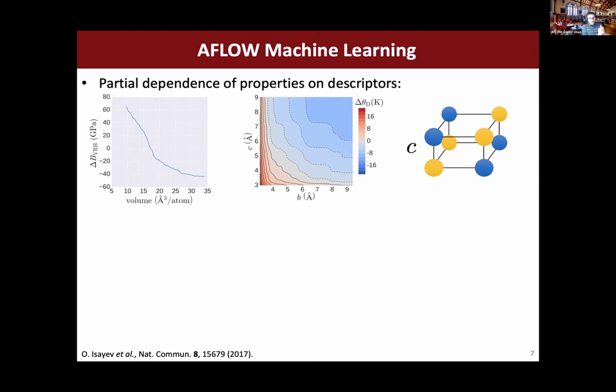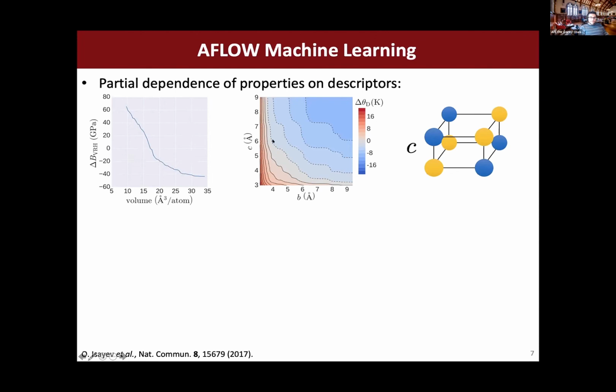Because you can expect that for materials, if the crystal volume is a lot smaller, that suggests that the bonds are stronger, and that's going to increase the bulk modulus. And so you can see that, without having put that information explicitly into the model, we get that trend from the model. So that physics is recovered in the model.